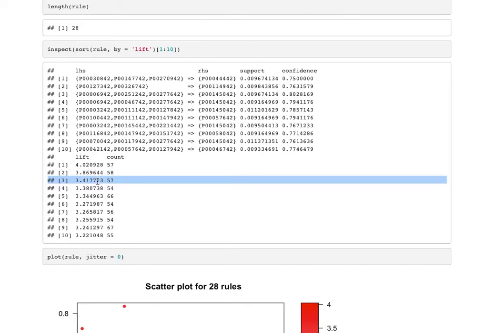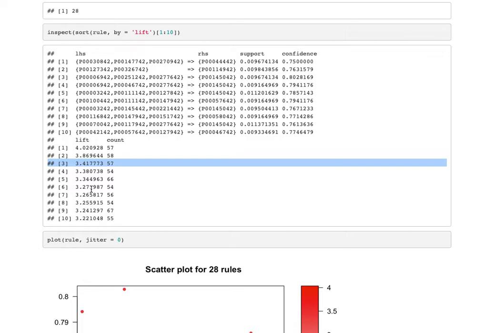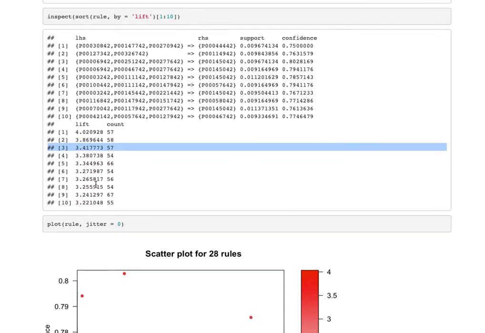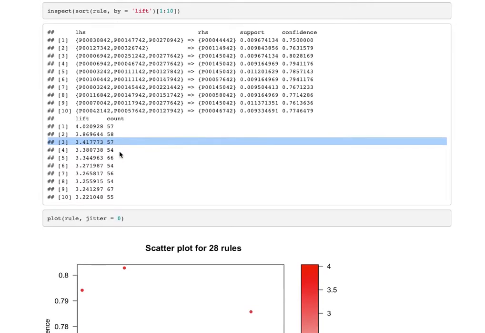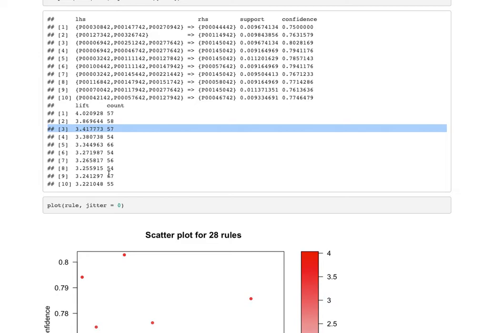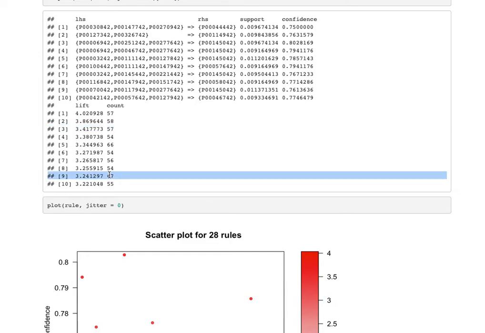If this was 1, then it'd be very rare for this to happen, or it would just happen normally in the data. That's what lift really stands for. But as you can see, this happened 57 times in our data set and 67 times for this combination of products bought.